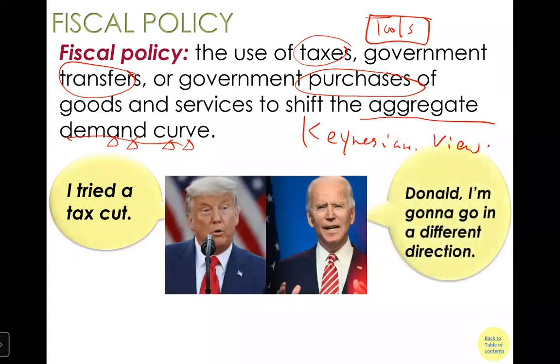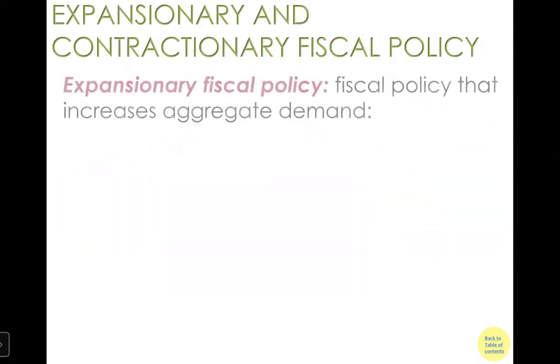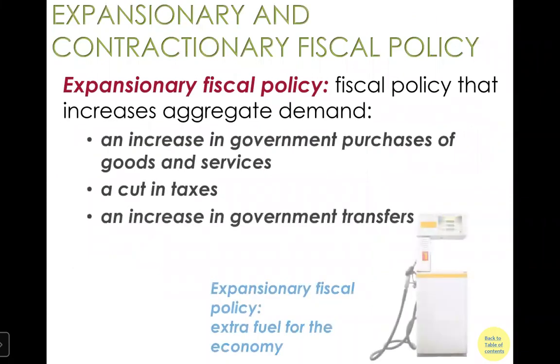On the other hand, President Biden is a Democrat, and the Democratic Party has a different view towards the government and towards society. So they are going to take a different direction. With that preparation, we can look at the first characterization, or differentiation, of fiscal policy.